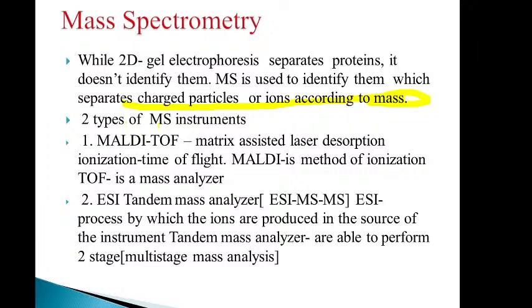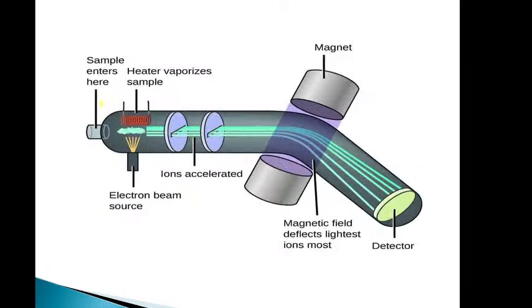So two types of mass spectrometer instruments are there which are used in highly specialized labs. This is the function of this mass spectrometry. I will not go into the detail of this basically.